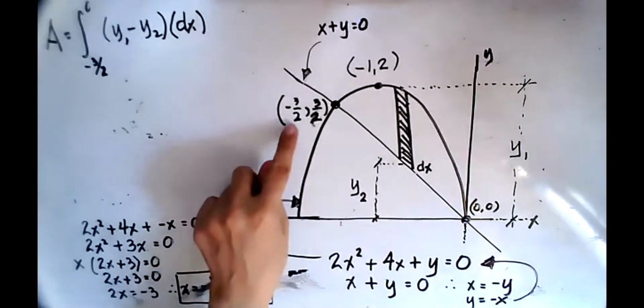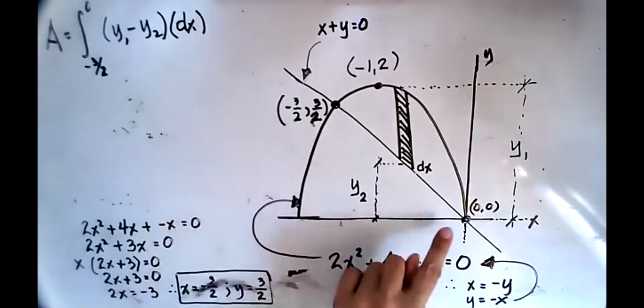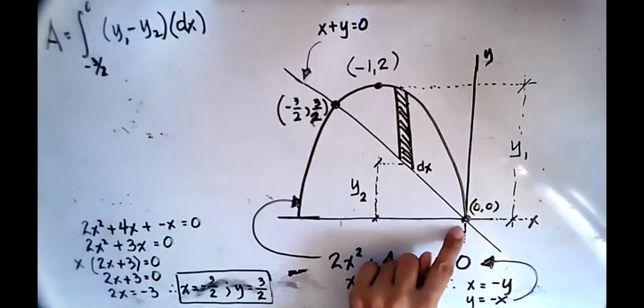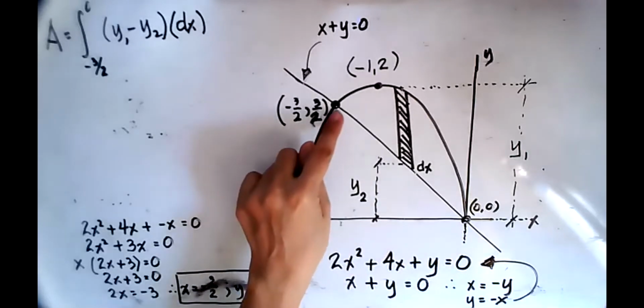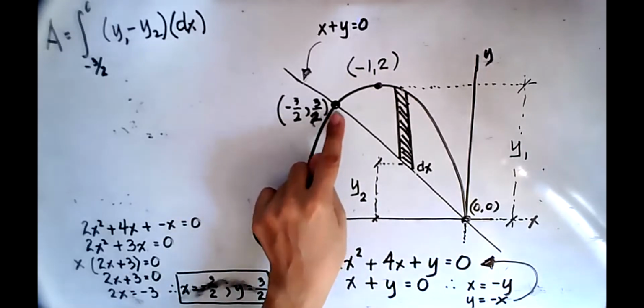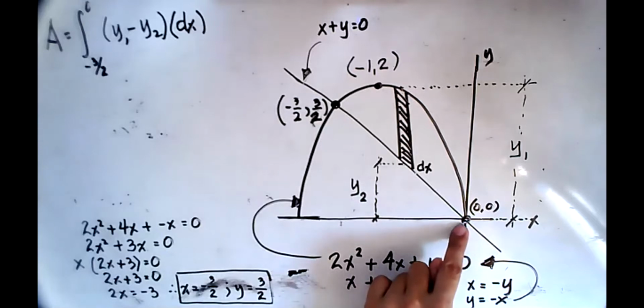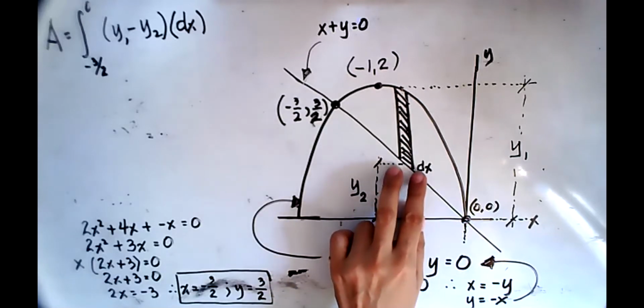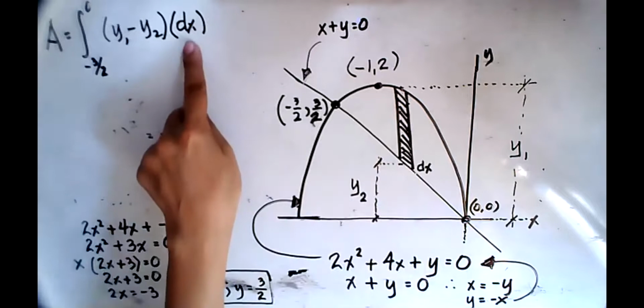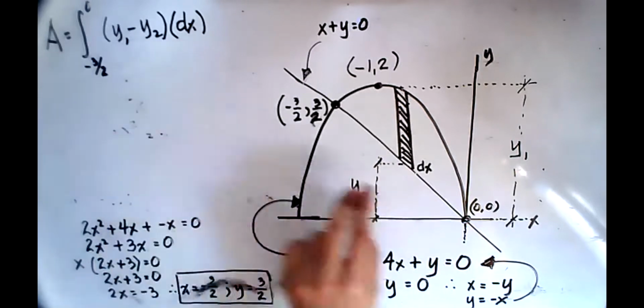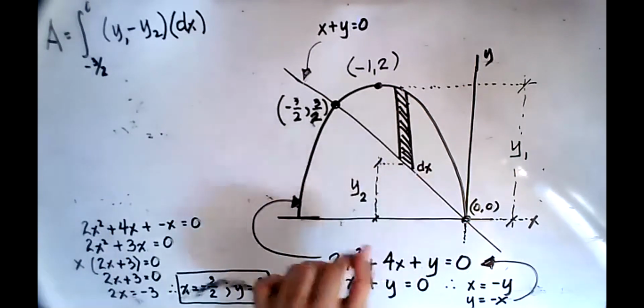The lower limit is negative 3 halves, and the upper limit is 0, meaning the element will be moving from this point up to this point. Relative to the value of x, there is a change or variability in the length of the element.